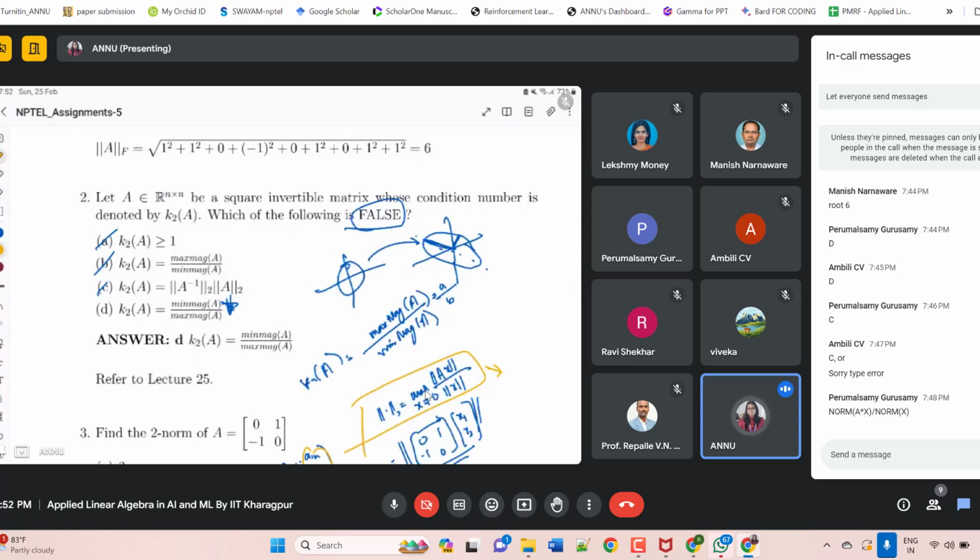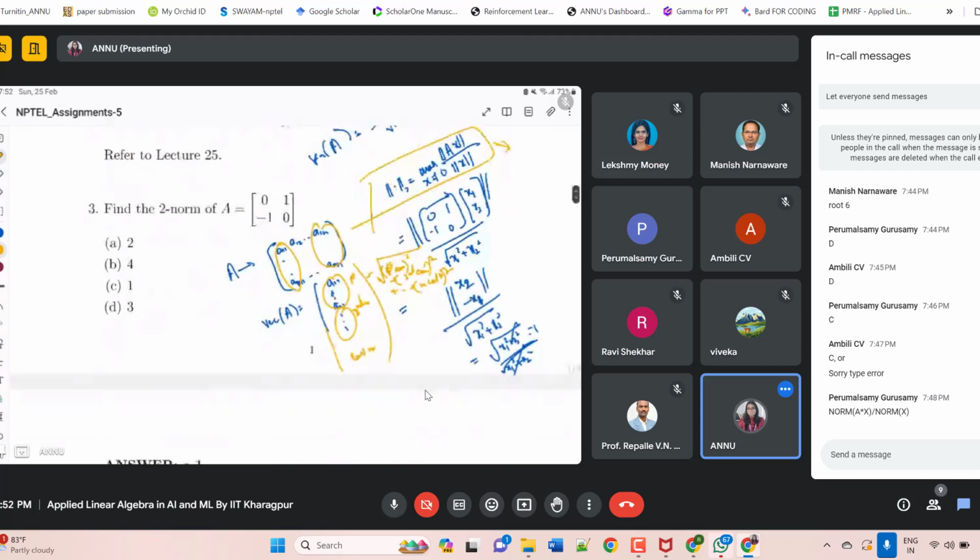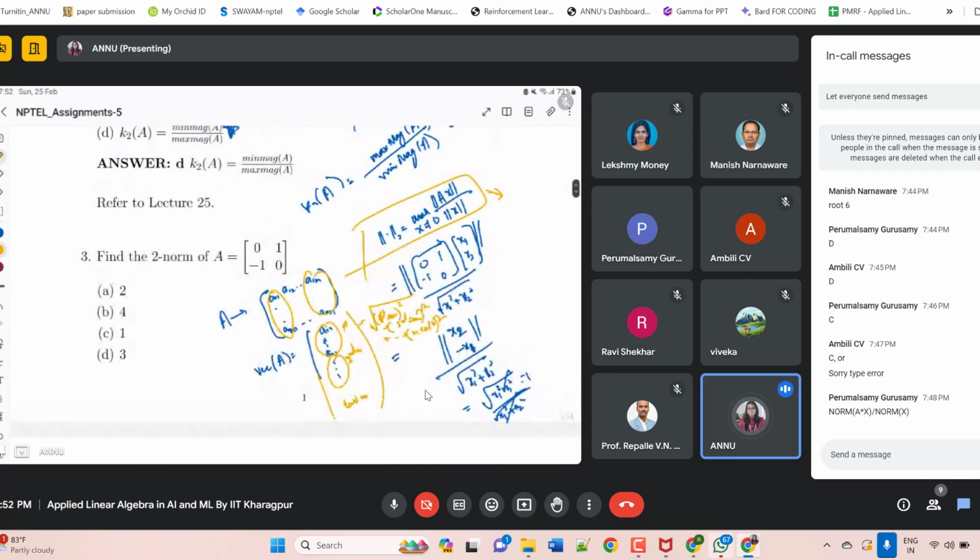In that case only it was 1, otherwise it is not 1. All the columns of this Q are orthogonal to each other and in some cases also orthonormal. We will see some examples. This is a question related to norm. If you have some problem related to QR decomposition, then we will see that also. I hope question 3 is clear to all of you.